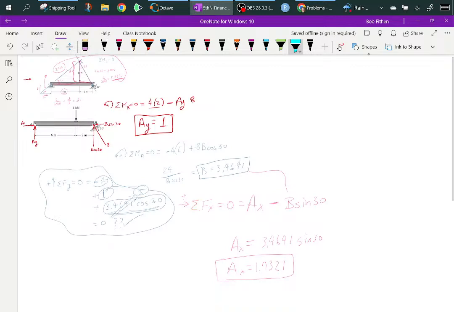So in review, first thing we did, we summed the moments about the right end.